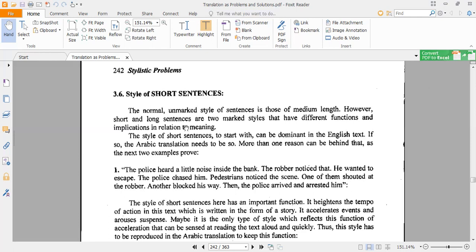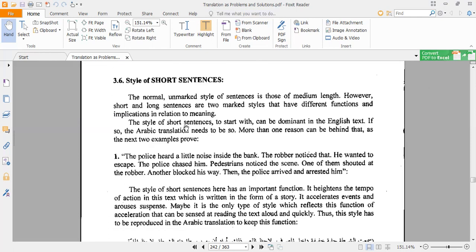Now, the style of short sentences is the dominant English style, while the style of long sentences is the dominant Arabic style.